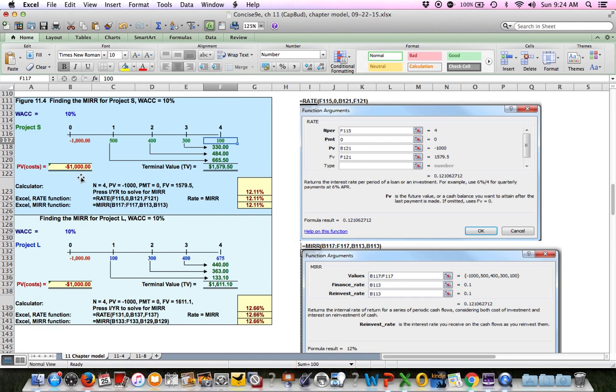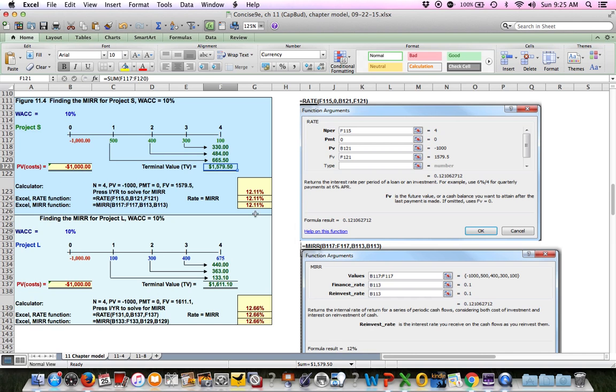So the fourth year number is the fourth year number, it's $100. But then I take the 300 and compound it forward by 1 year at 10%, which is the WACC, 400 2 years at 10%, 500 3 years at 10%. And I get the terminal value. So the terminal value of all the future cash flows is 157,950.